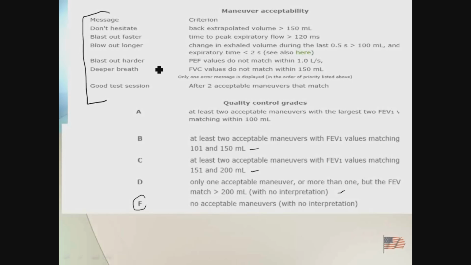Blast out harder, peak flows are not consistent. And a deeper breath means I'm not seeing the FVC repeatable. And when we see good maneuvers, we're going to see a good test. So those are kind of common phrases that a lot of these portable spirometers will end up utilizing to tell the tech that you're on track with this patient.